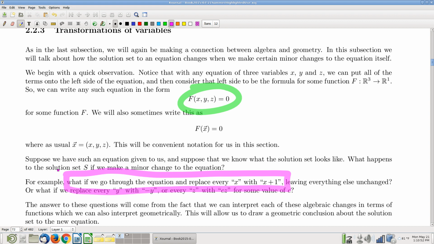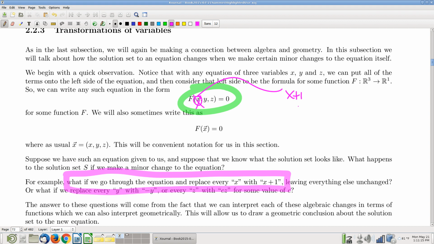Well, I'm fiddling with the equation. Obviously, the solution set's not the same anymore. New equation, new solution set. What does the new solution set look like?